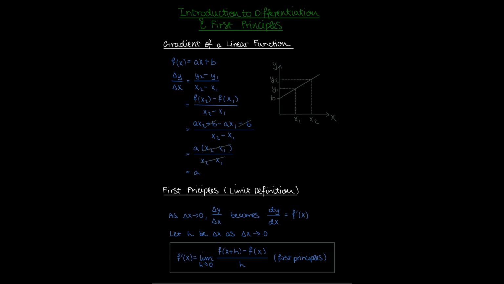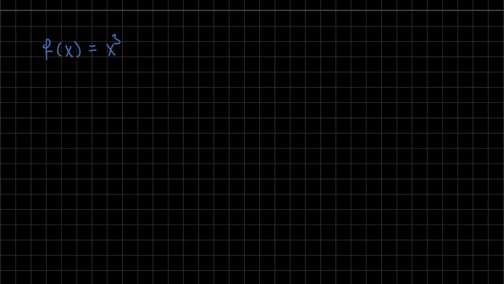In this video, we will do a few examples in which we determine this derivative function for a few different starting functions. The first function we're going to differentiate from first principles is f of x equals x cubed.